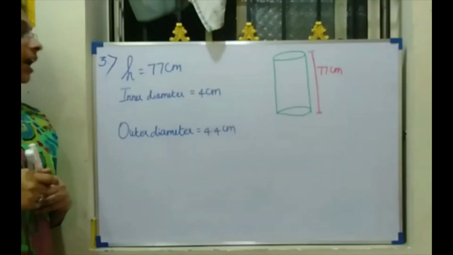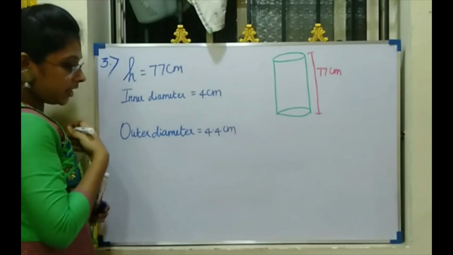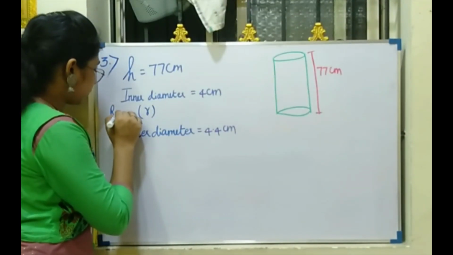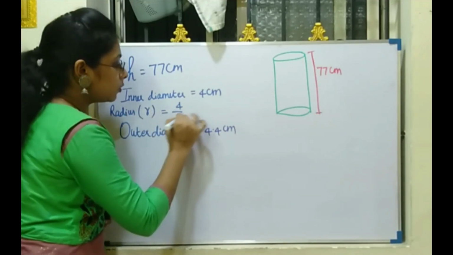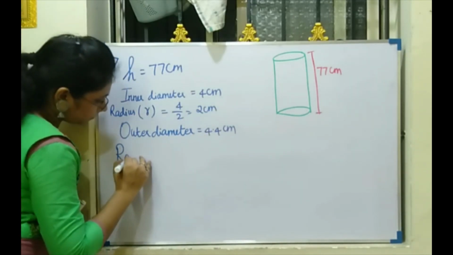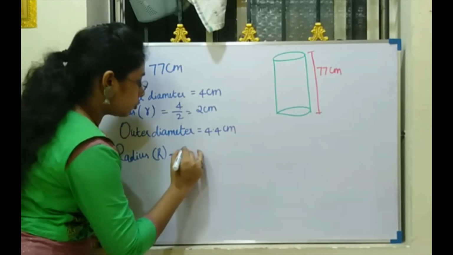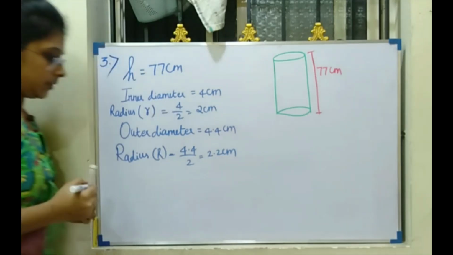These are the given data. From this diameter we have to find radius. So let me keep inner radius as small r. That is inner radius, which is equal to 4 by 2 centimeter, and for outer diameter, let's keep radius as capital R, which is equal to 4.4 by 2, which is equal to 2.2 centimeter.